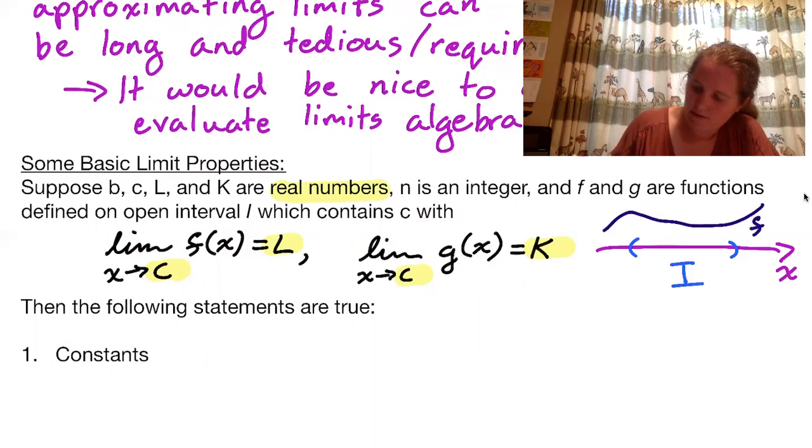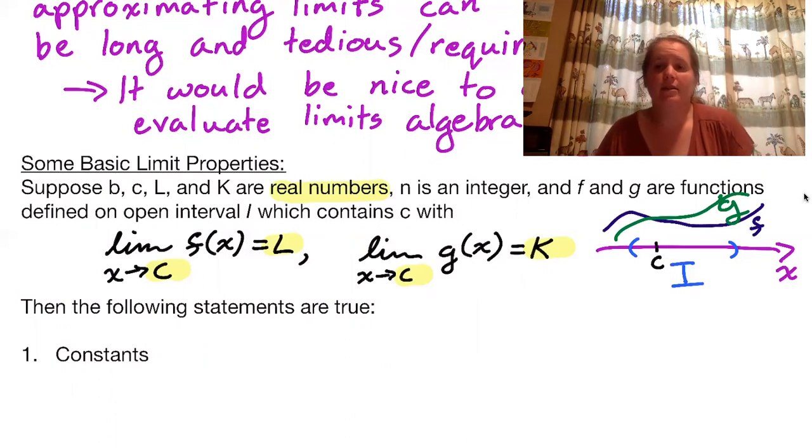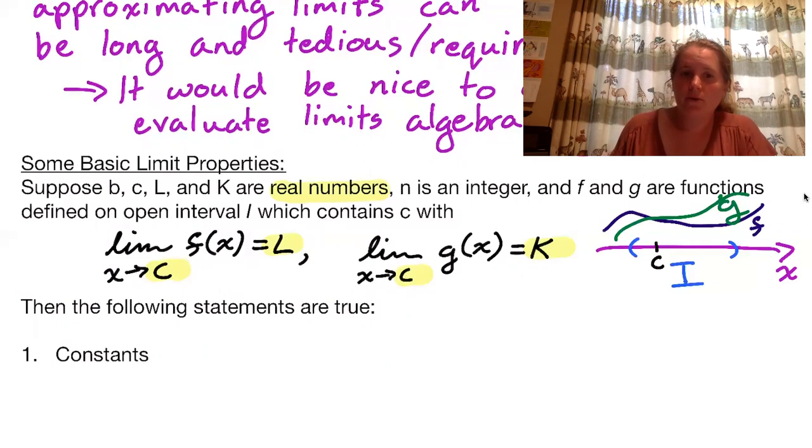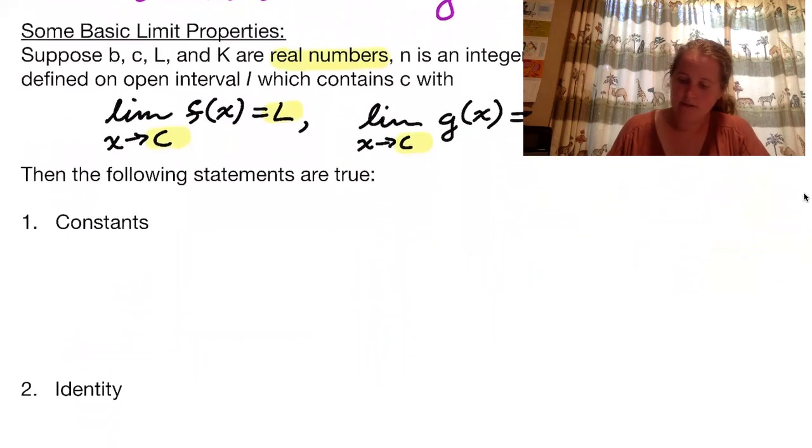So here's F and G. And then our C is somewhere within that interval F and G are defined on. And then again, we have that the limit as x approaches C of F is equal to L, and the limit as x approaches C of G is K. So we have a variety of statements.